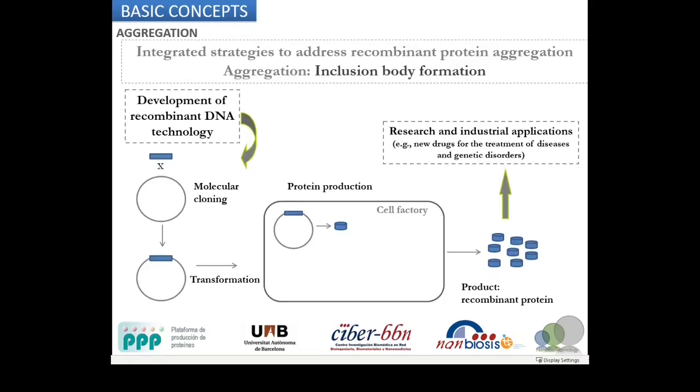As I said at the beginning, aggregation is a problem that is present in most of the experiments when producing a recombinant protein. Therefore, when the protein is in the form of inclusion bodies or aggresomes, this cannot be used for most of the research and industrial applications.